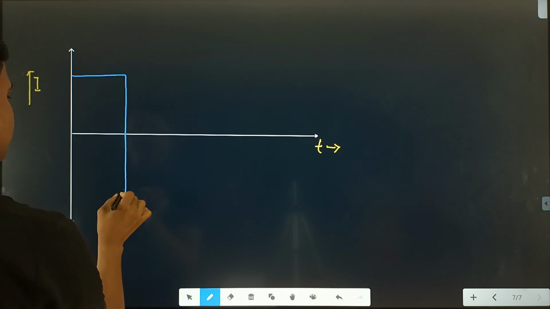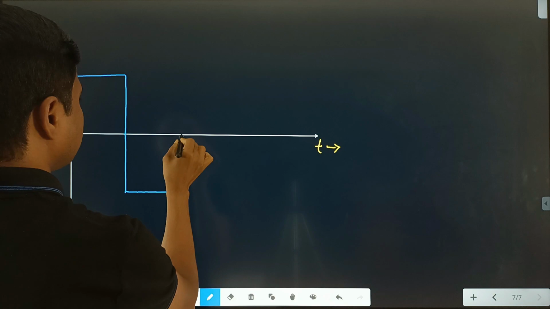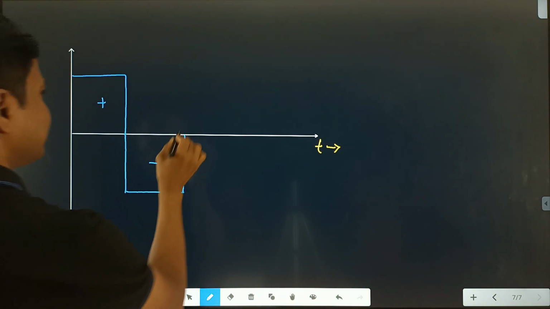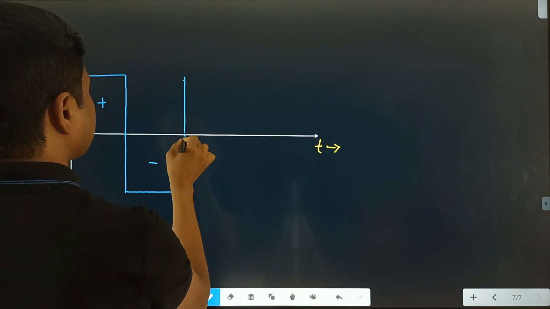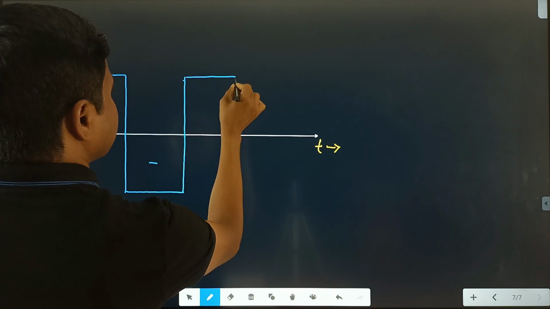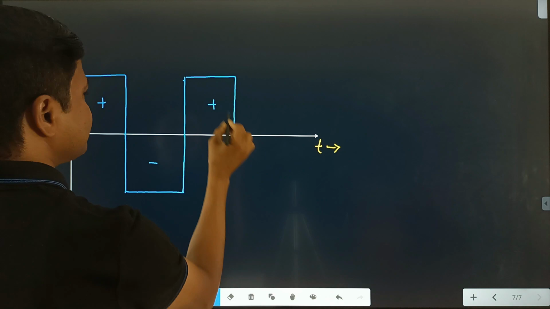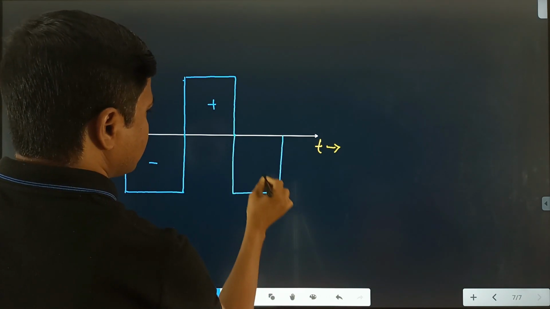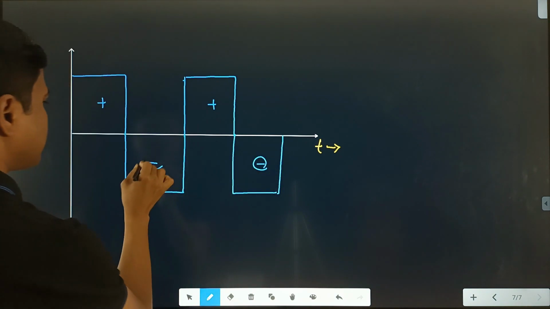Again its direction is now changed, just like this. This side is positive, this side is negative. Again the direction is changed, this is the positive side, and this is the negative side, clear?